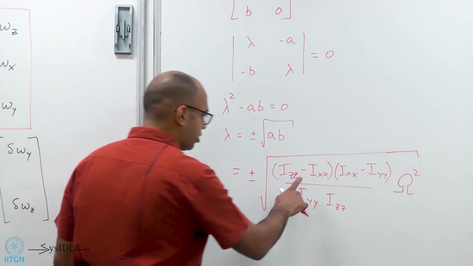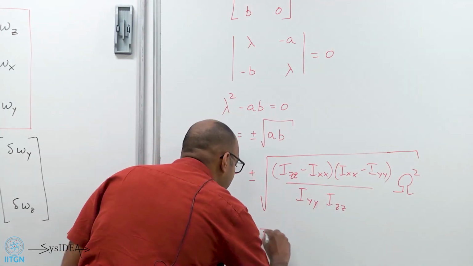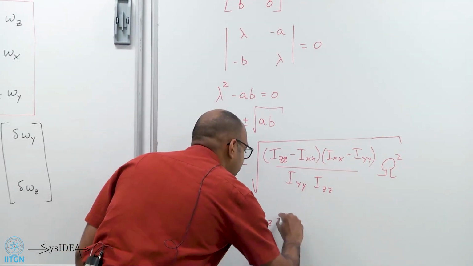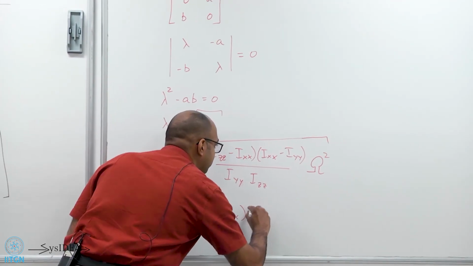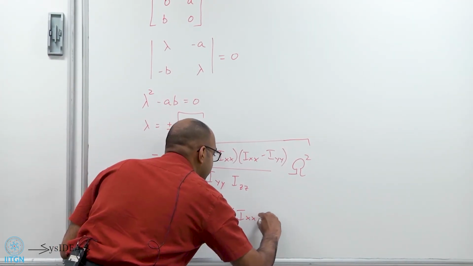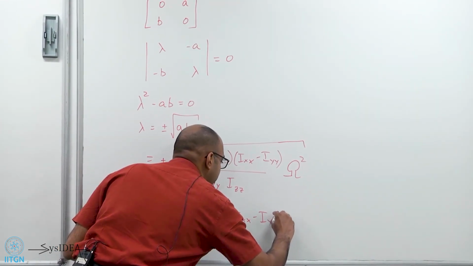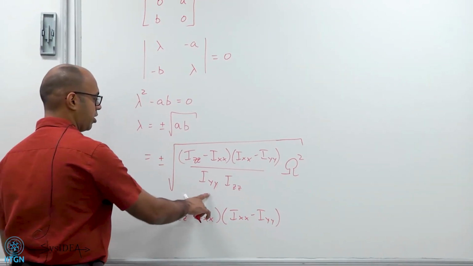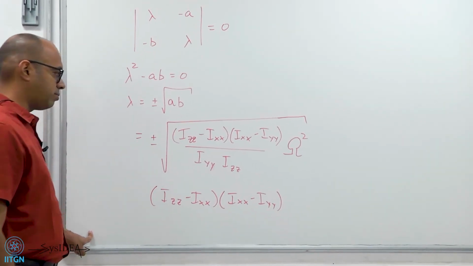So the whole thing depends on the sign of this term, IZZ minus IXX multiplied by IXX minus IYY, because omega squared is always positive and the other two terms are always positive.